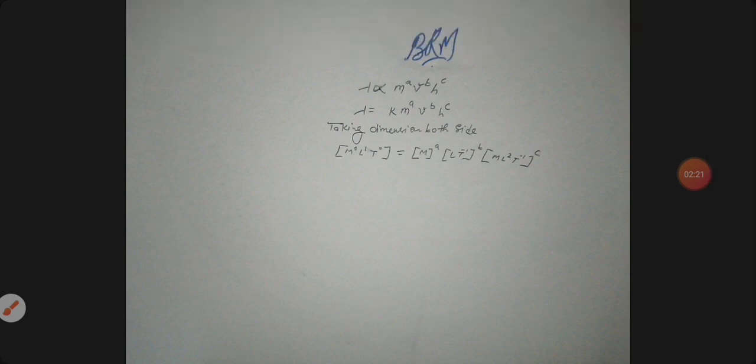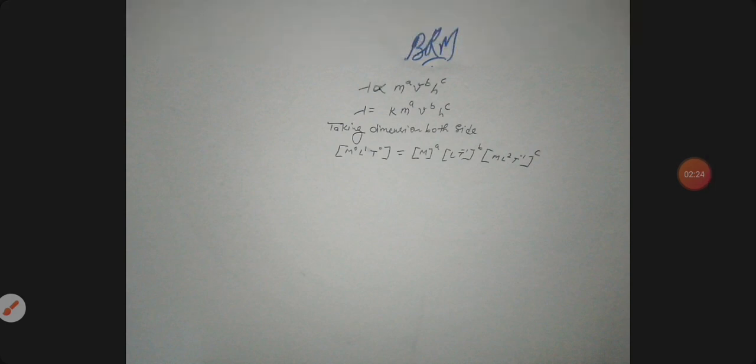M is mass, and therefore it will be M to the power a. For velocity we have LT^-1 to the power b, and h is the Planck constant, and for Planck constant we have the dimensional formula ML^2T^-1 to the power c.